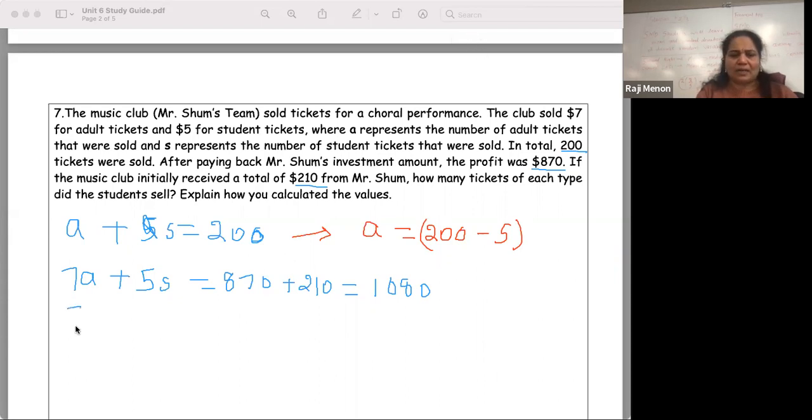So here you are starting with 7. Uh-oh, did you see that A is coming? Remember you cannot play with two variables, right? So that's why I am replacing that A with 200 minus S. Plus 5S.